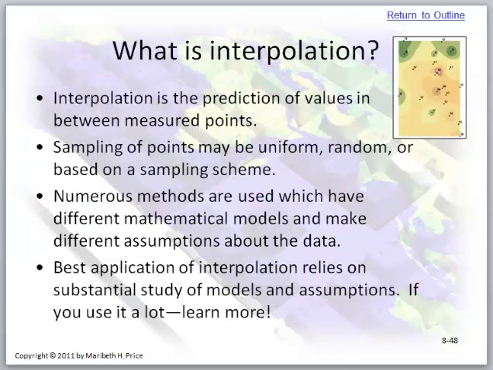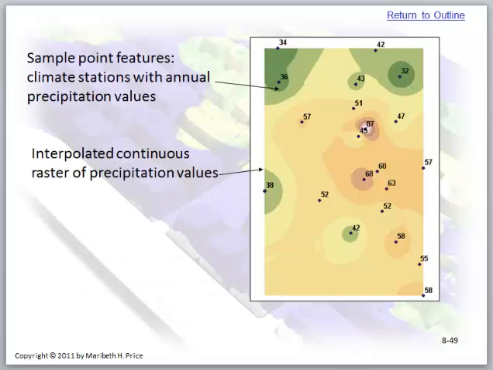What is interpolation? I'll suggest that you pause and read through this. I won't read it to you. You should also seek out some information in the book as to what exactly interpolation is. Here we have some sample point features with the climate stations with annual precipitation values, and then we have an interpolated continuous raster with precipitation values.